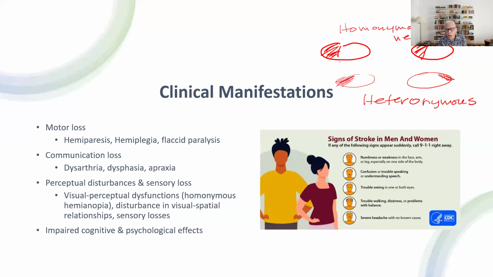Depression is a very common psychological problem that accompanies stroke, and sometimes it might be manifested not only in having emotional lability, but also sometimes patients become frustrated, they might become hostile, or sometimes they lack cooperation. And all these things are all part of the spectrum of the clinical manifestations of stroke.